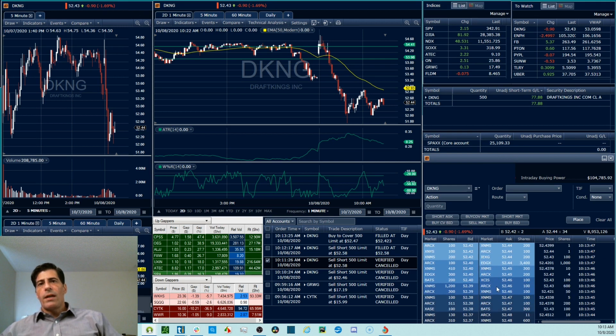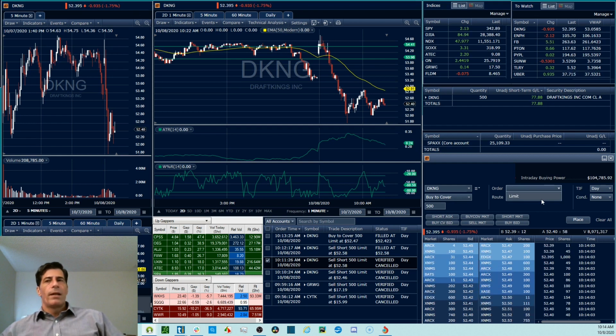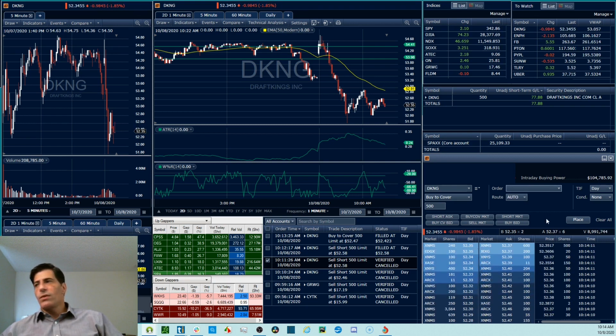I would say that it is a glitch from the pre-market, because it didn't even have market order in the drop down a second ago. So when I did buy to cover market, it's still not there. I think it's something related to pre-market, and it thinks we're in a pre-market state, so it didn't show the limit order. So let me restart. I'll be right back.